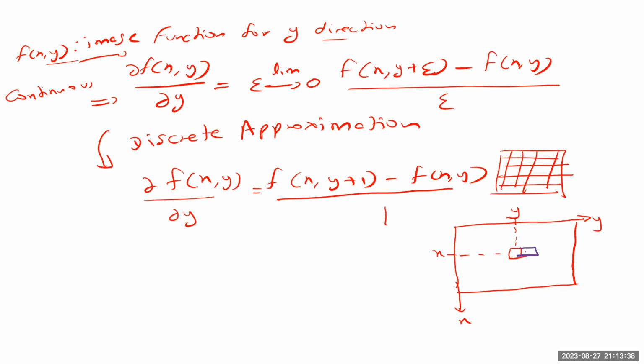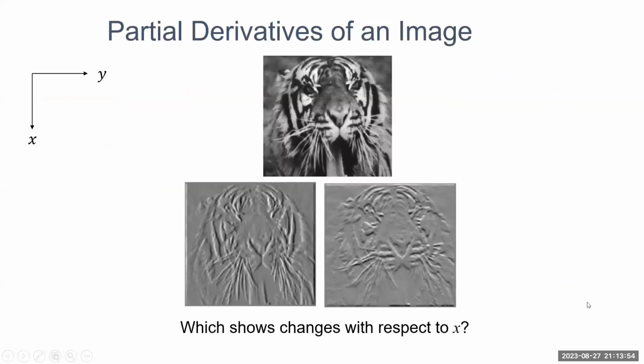So the difference between these two pixels. Similarly, we can do this for all the images, all the pixels, right? Clear? Any questions? I hope it's clear. So you can always unmute and ask questions. This is not one way, so you can always ask questions.